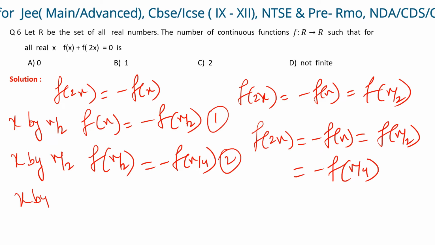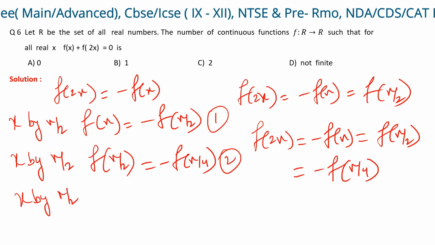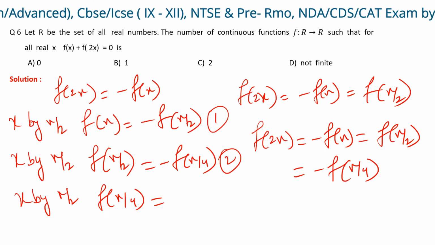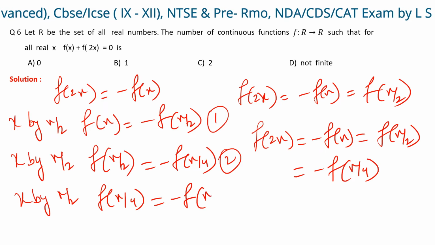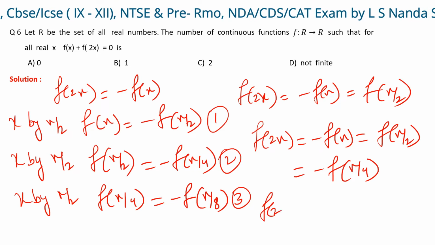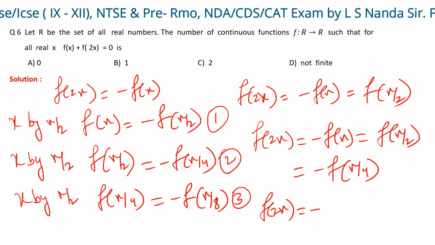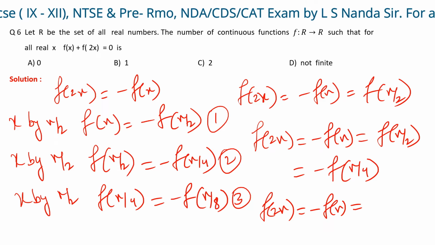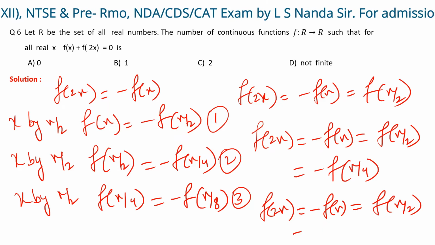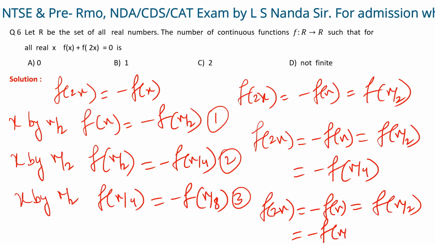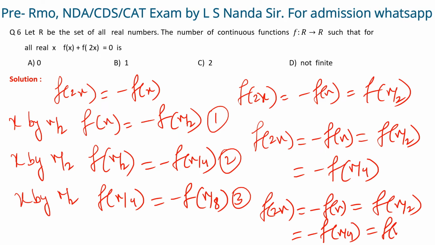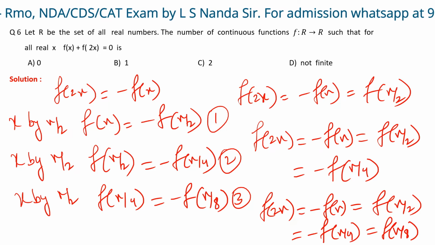Again, if we replace x by x/2 in equation number 2, we are going to get f of x by 4 equal to minus f of x by 8. Fine. So that means now I can write f of 2x equal to minus fx equal to f of x by 2 further equal to minus f of x by 4 further equal to f of x by 8. Fine.